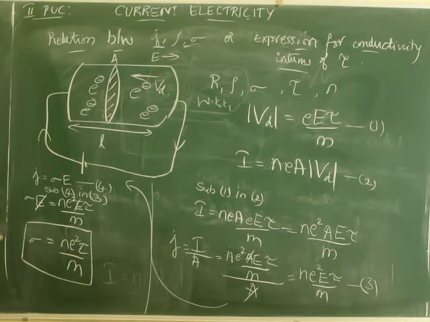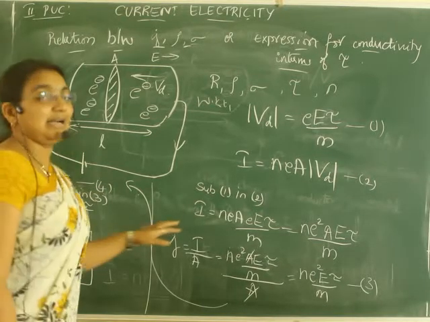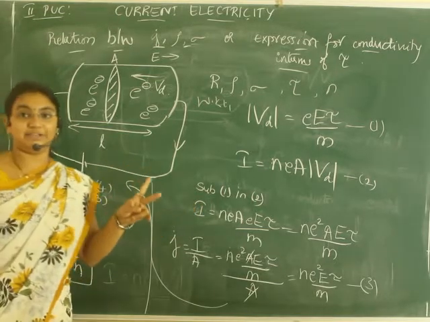This is a very, very important relation, or expression, for 5 marks. If you have some doubts, please clarify through a text message. You can ask. Today in this class we have done 2 derivations.